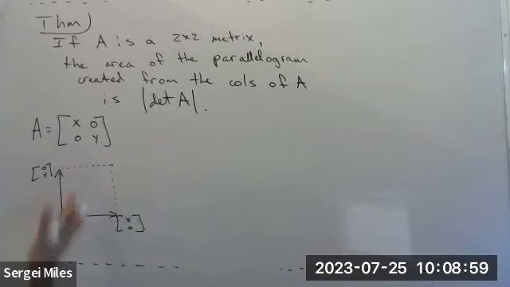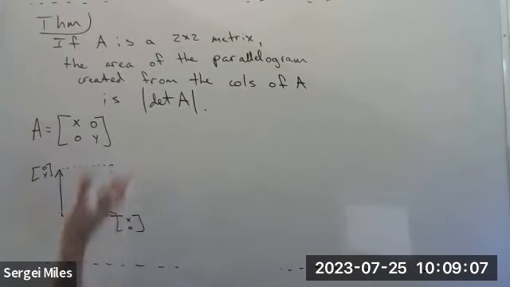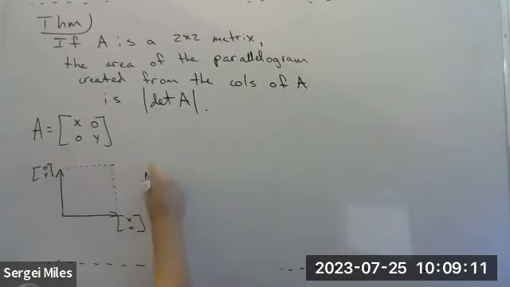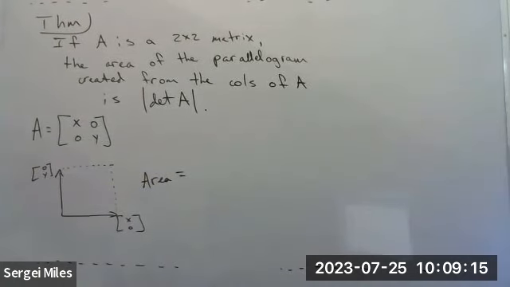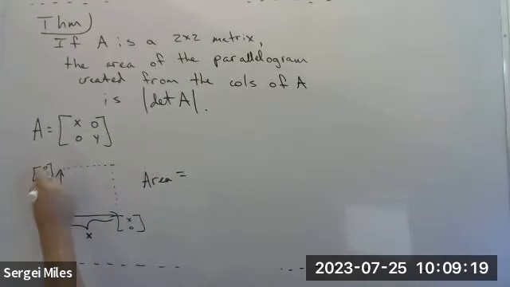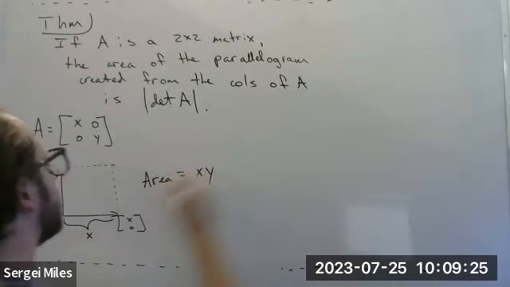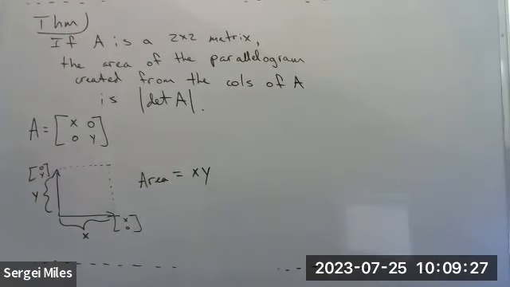Well, in the case of this picture, they're equal. It could be a square, but otherwise it's just a rectangle. How do I find the area of this rectangle? Well, area of a rectangle is length times width. The length of this x vector is x. The length of this y vector is y. So my area is just x times y.